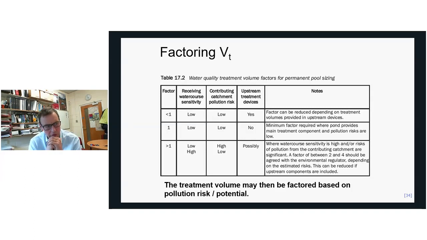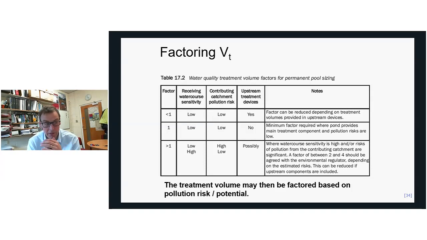So here we go. If your receiving watercourse sensitivity is low, so that means it's not a particularly good water quality watercourse, and you also don't expect polluted loads coming into the pond, and there are upstream devices, you could get away with your treatment volume being less than 1 VT, although it would be really unusual to do that.